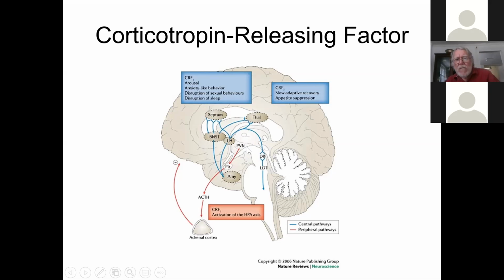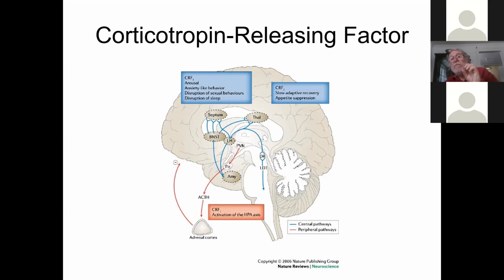Specifically, we are talking about the PVN, the parvocellular division of the PVN. Remember, the magnocellular division of the PVN gives rise to those axons that will form the infundibulum and go to the posterior pituitary. The parvocellular division has CRF-containing cells.